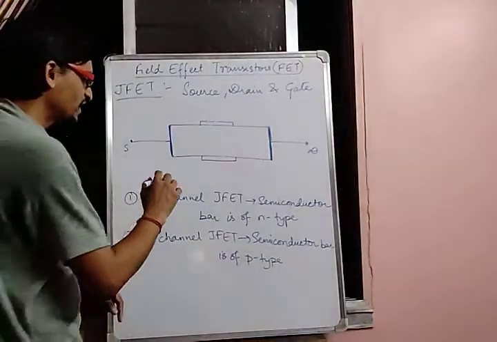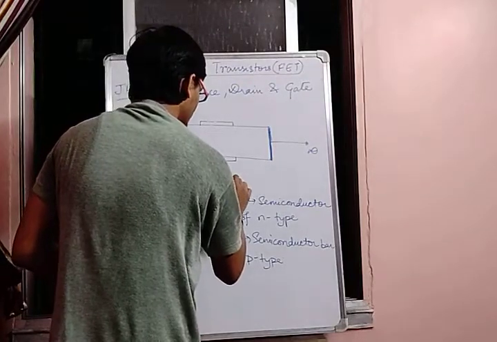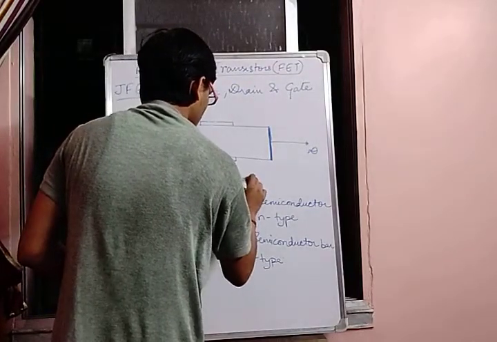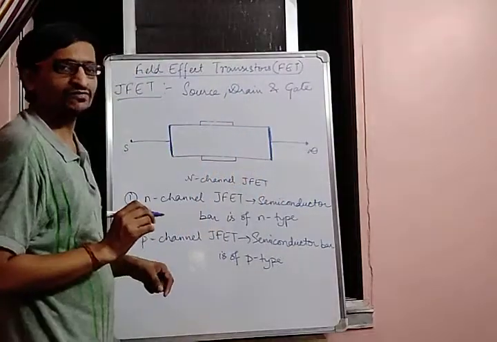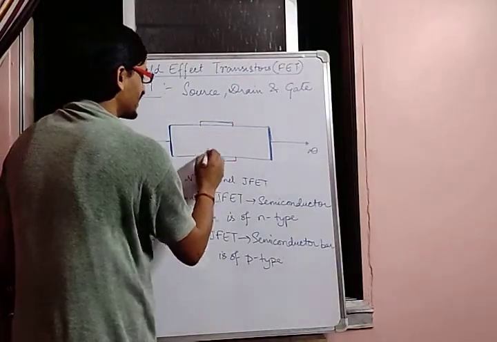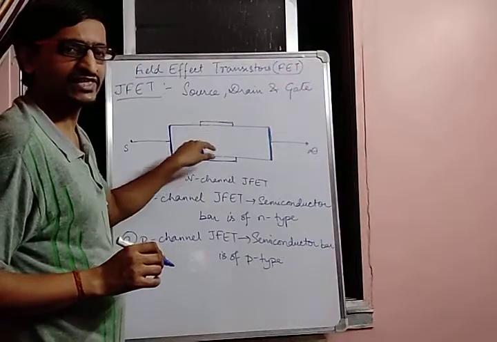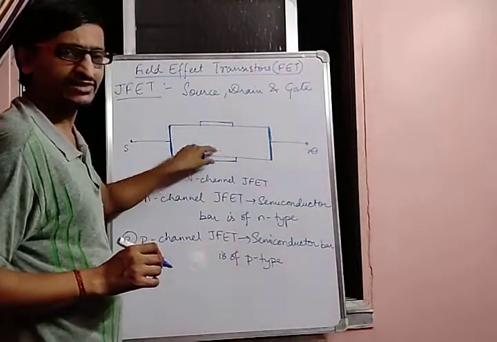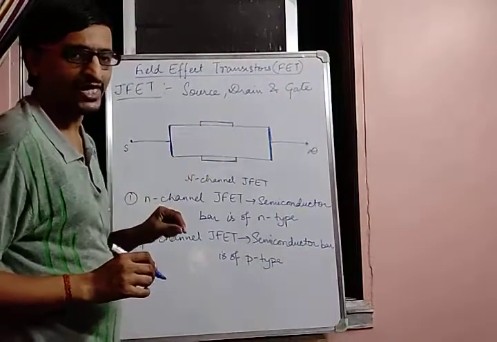That means, suppose we are considering an N channel JFET, so this semiconductor bar is of N type. In that case, this semiconductor material will be of P type.